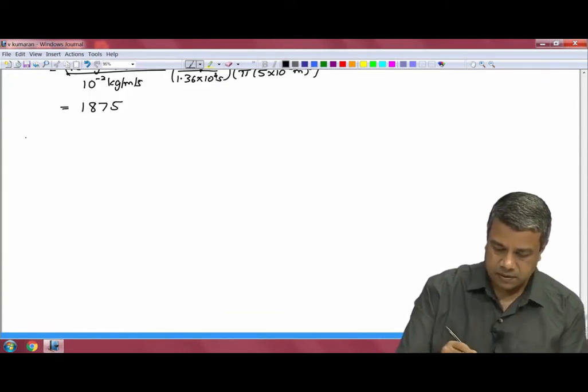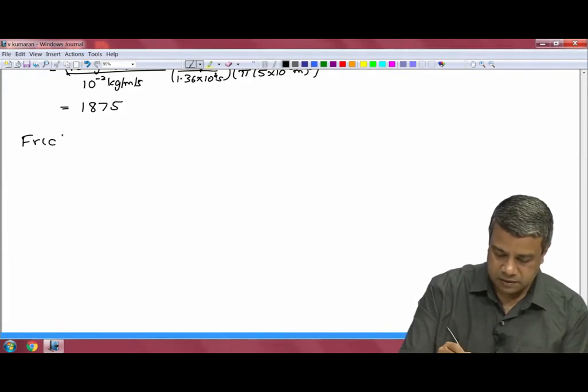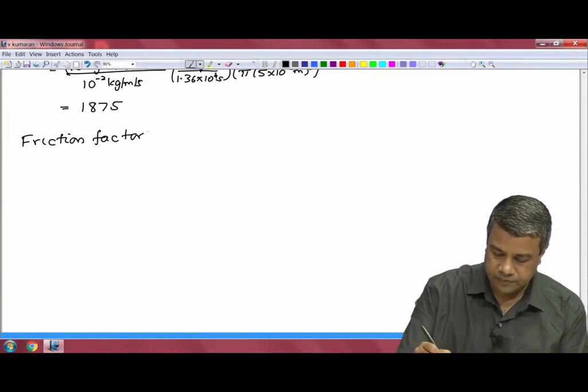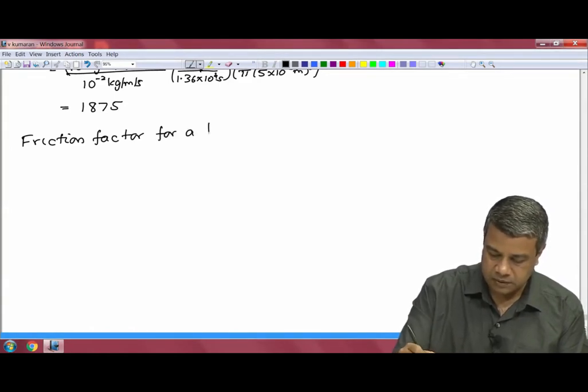Let us take another problem, friction factor for a power law fluid.